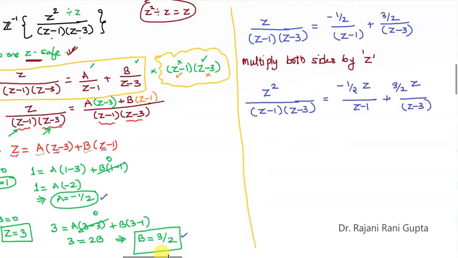So see, we didn't change the question. Again, this is not part of the question. The original question was z square over (z minus 1)(z minus 3).